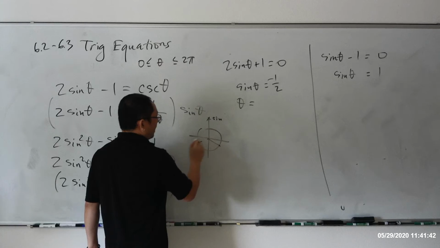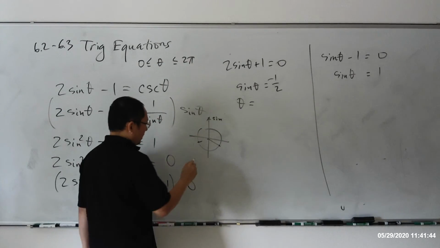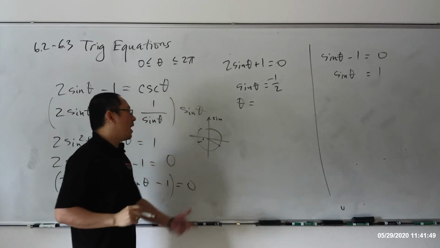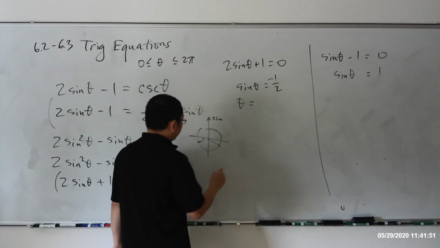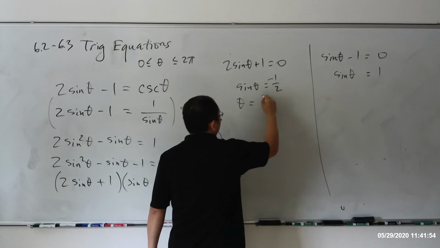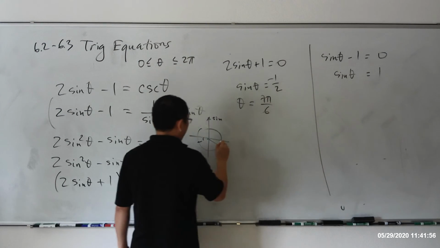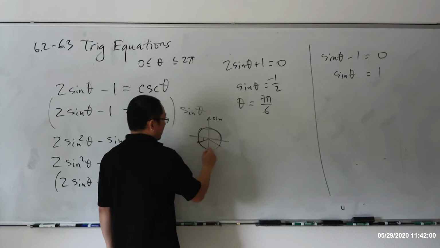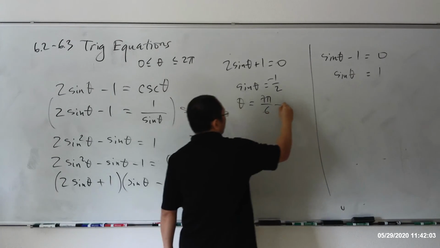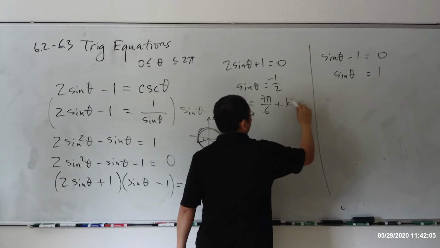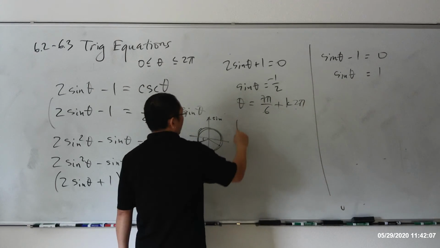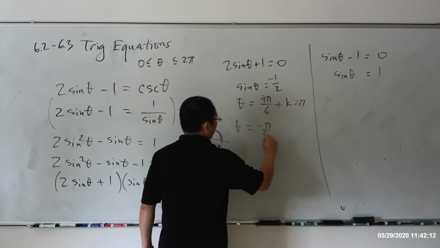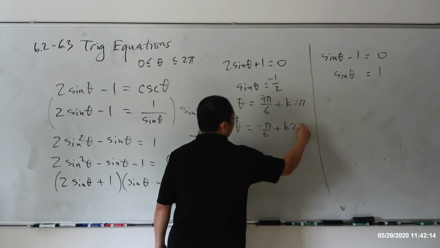The reference angle for sine 1/2 is 30 degrees, pi over 6. Pi over 6 plus pi is 7 pi over 6. That's the angle from here to here, 7 pi over 6, and then keep going the complete circle, so plus a multiple of 2 pi. That's the answer. Or the other one, theta, is what? This one right here is negative pi over 6, plus a multiple of 2 pi again.